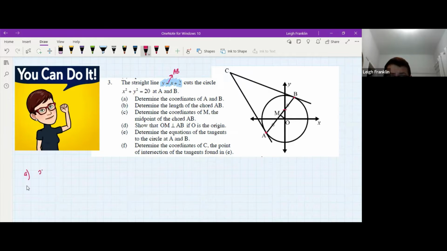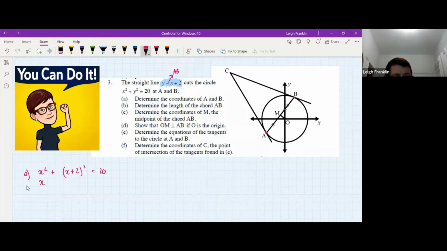We'd say x squared plus, remember y is equal to x plus 2, so we're going to sub in x plus 2 in place of y, squared, is equal to 20. This is a really important thing to be able to do. They will definitely ask you a question like this, I'm sure.